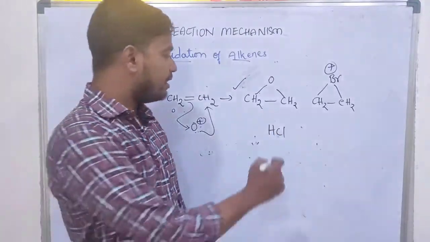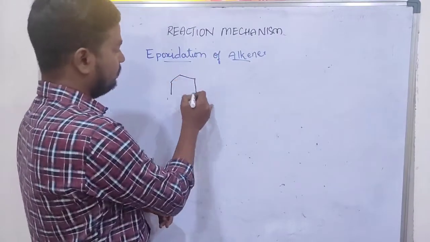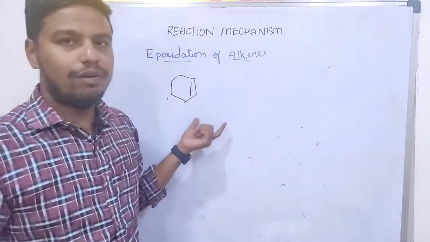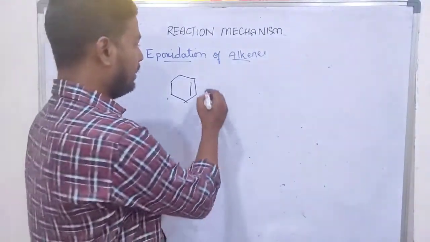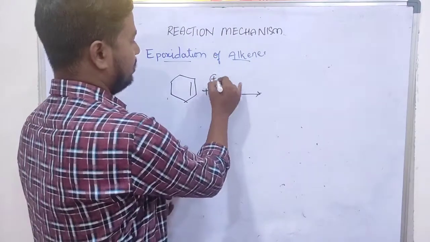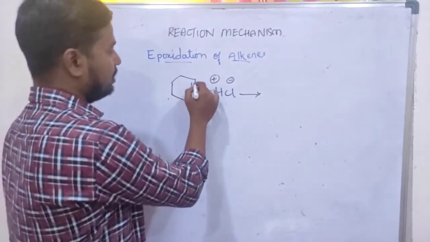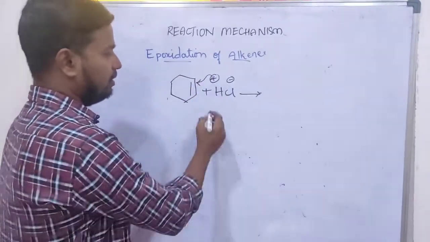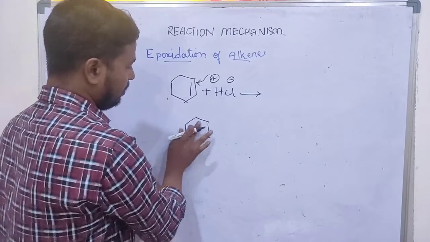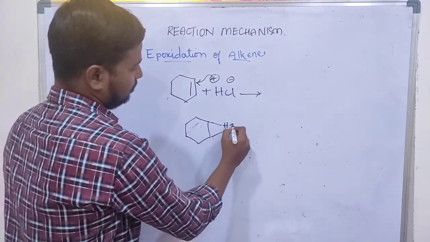Now we will understand the addition of HCl. See this example. This is a cyclic double bond, right? When it is treated with HCl, we know it dissociates into H plus and Cl minus, and this H plus takes up these electrons, resulting in the formation of a bromonium-like ion as usual, like this one with a positive charge.